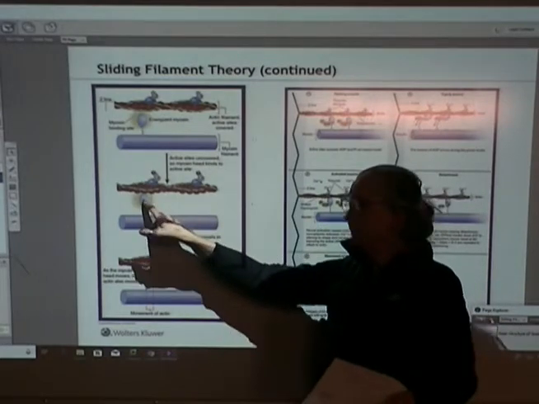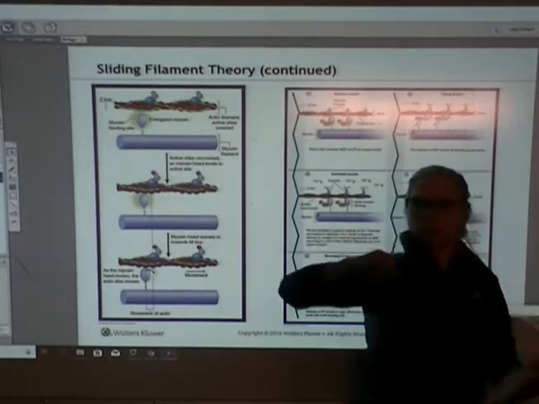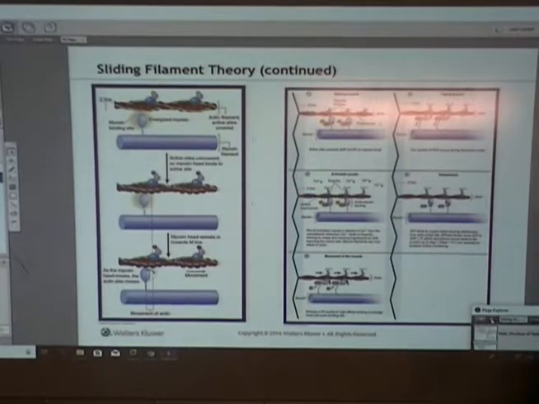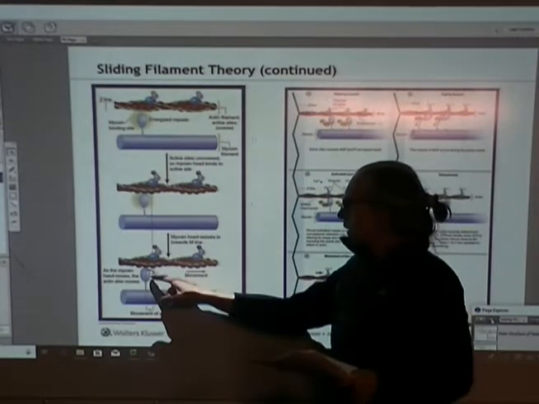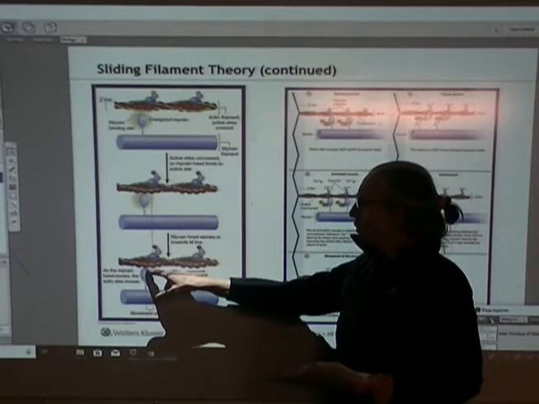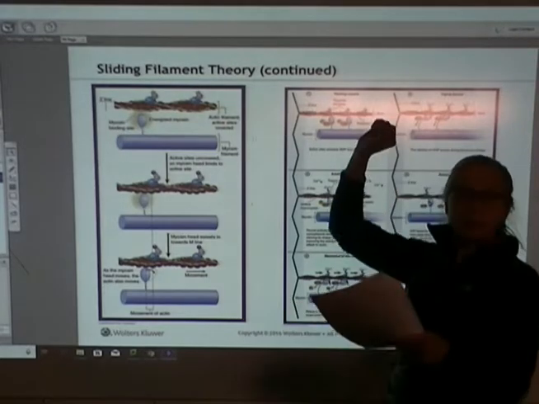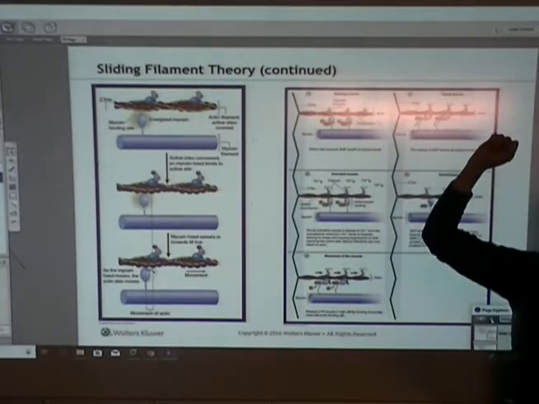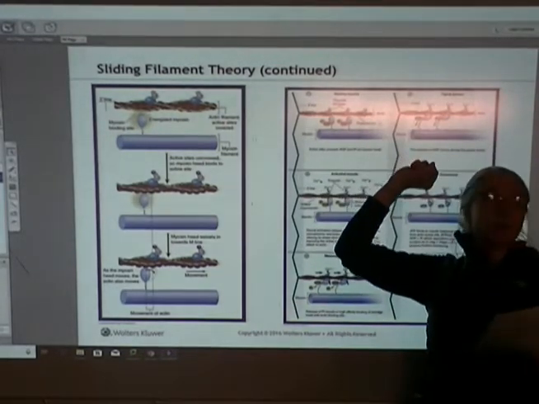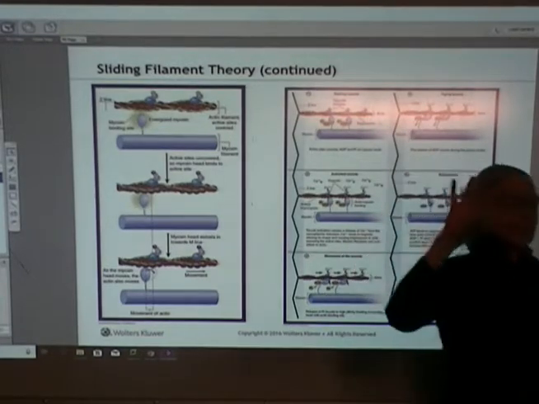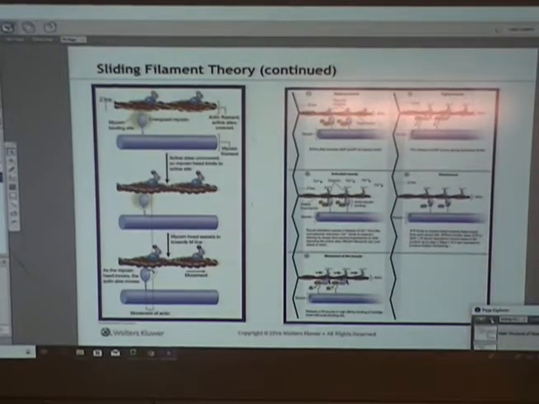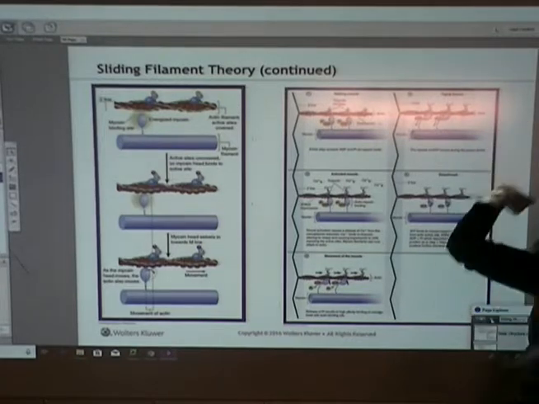So that whole head is made of enzyme to break down ATP, or to facilitate breaking down ATP. All right? So ATP has to be available for the head to let go and be able to recycle around. And then it releases energy, it breaks down the ATP, and the energy is released to cock it back to start again.